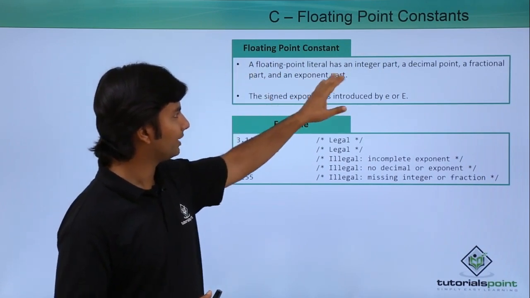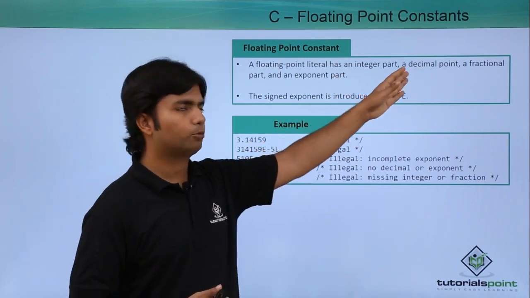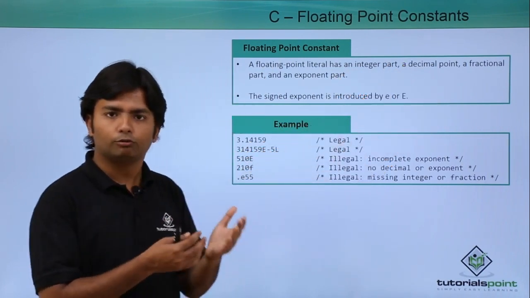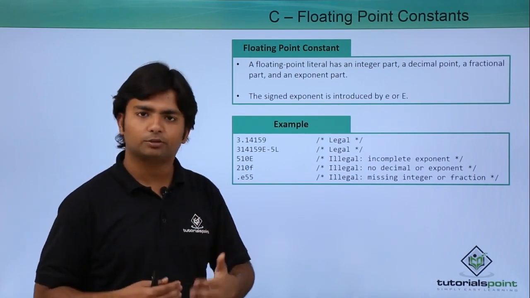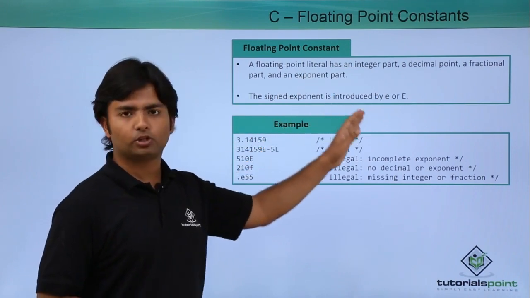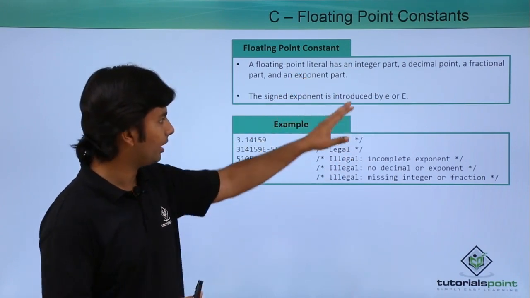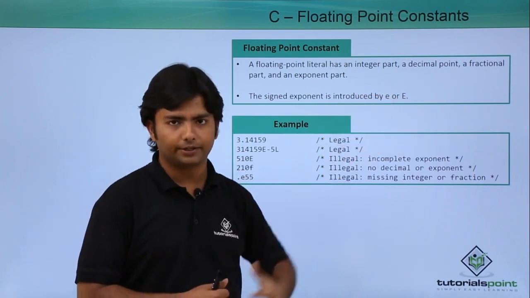A floating point literal has an integer part, meaning the whole number part. After that you can put a decimal point, as we know floating values also take decimal numbers, then a fractional part and an exponential part. The exponent is represented by a small or capital E.